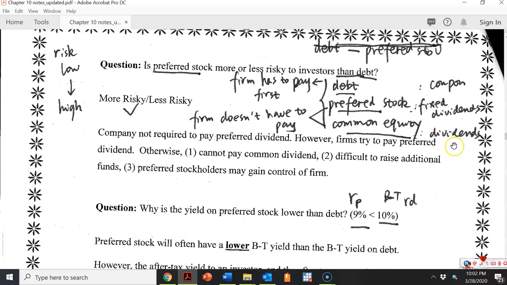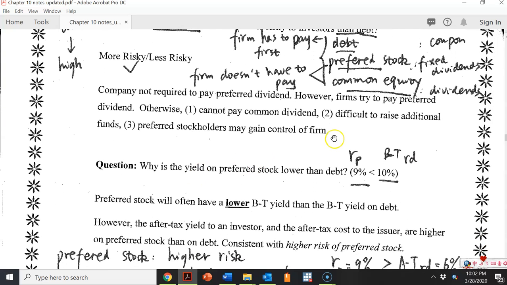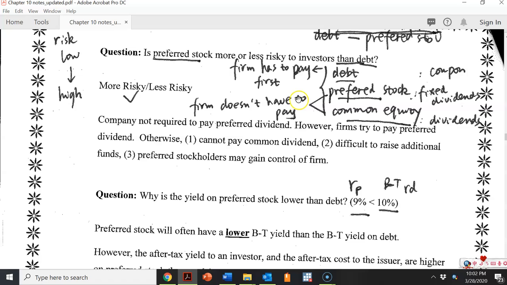And for common equity, the firm pays dividends. That's why we say debt is safer than preferred stock, and preferred stock is safer than common equity. The risk is ranked according to the paying order.